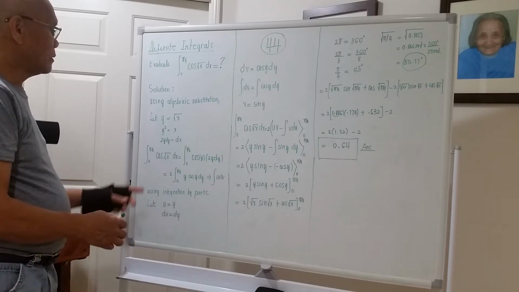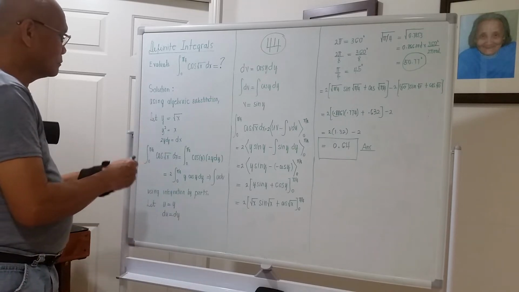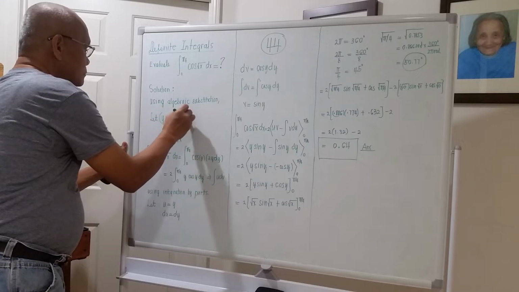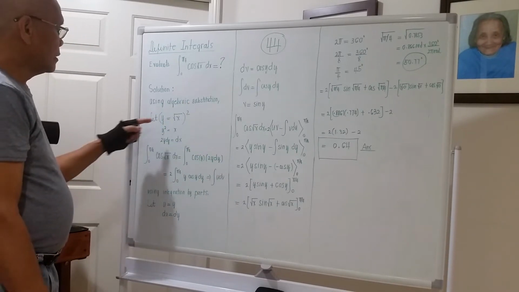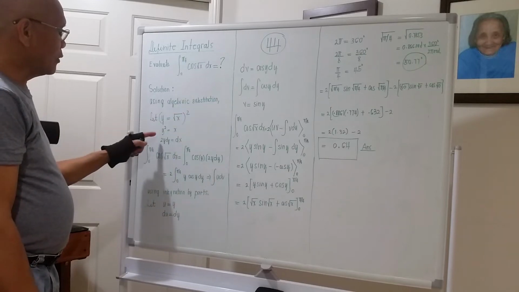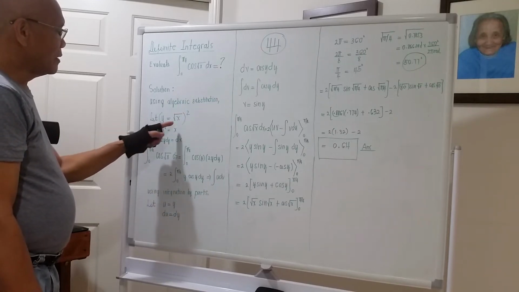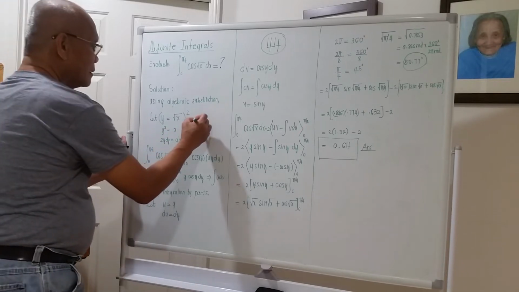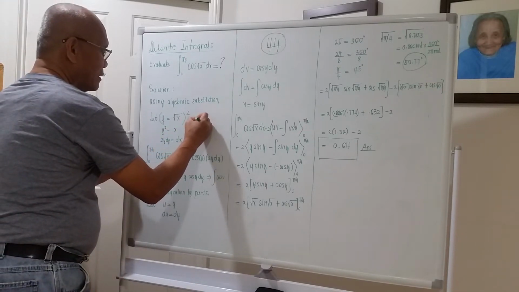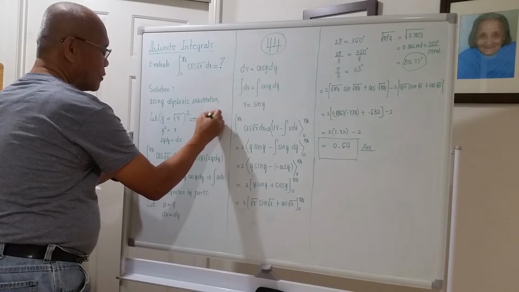Okay? Squaring both sides. y to the second power will be y square. Square root of x to the second power will be x. It is actually x raised to 1/2.